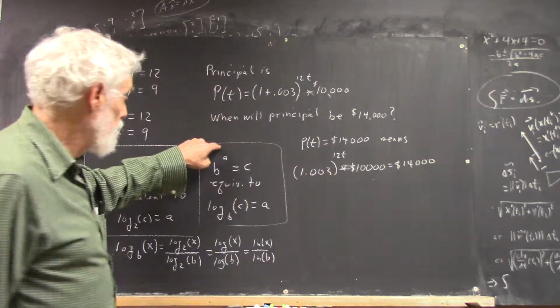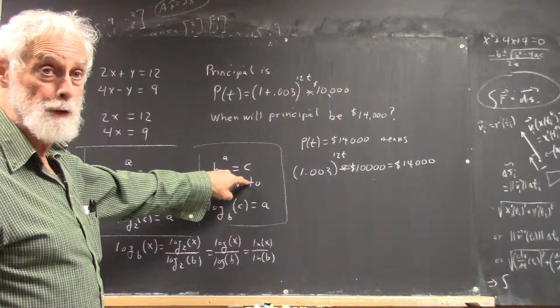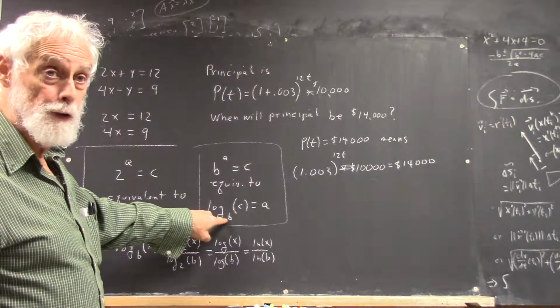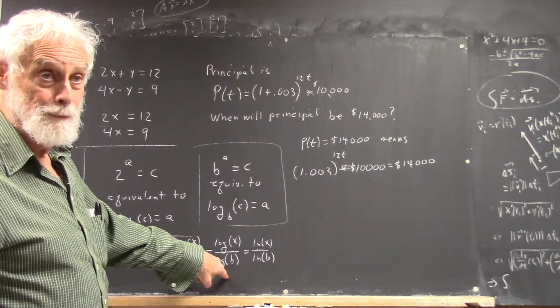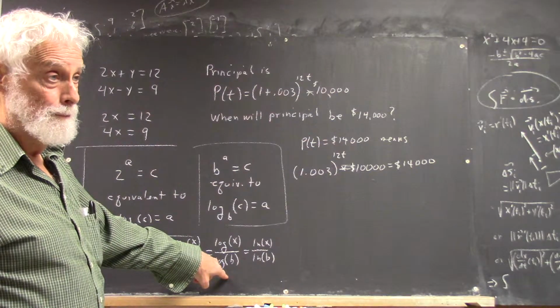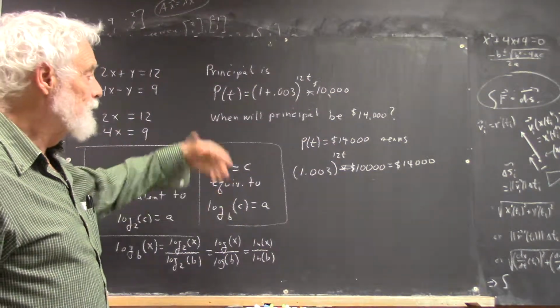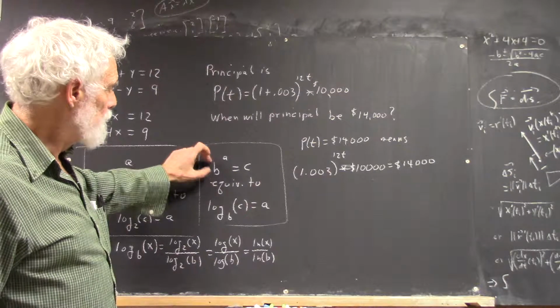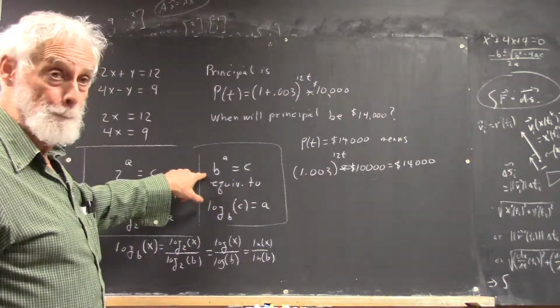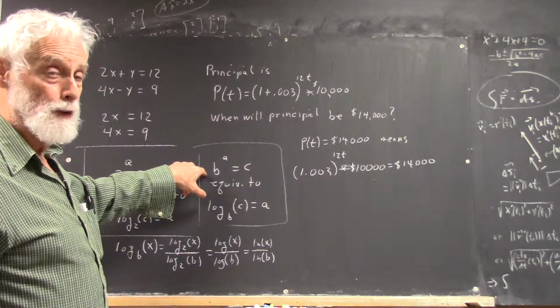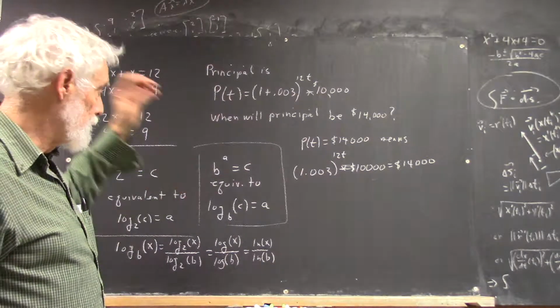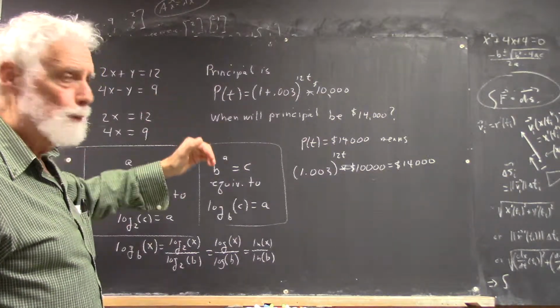And right here you have the way to solve an equation with an exponent. You just change it to a logarithmic equation and use this. So all I'm saying is, since t's in your exponent, your equation will ultimately be of this form. And you want to get it into this form. So how could I get this into the form b to the a equals c?